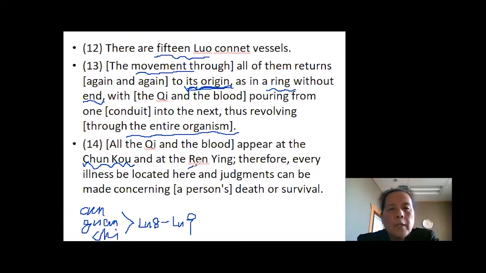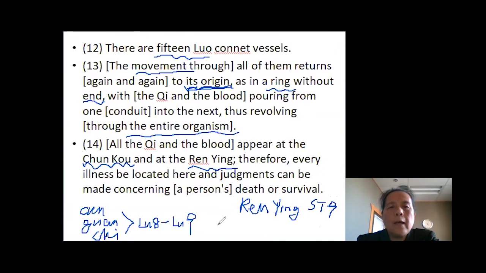And also 人迎. The same name is also stomach 9. If we go to stomach 9, we can also feel the pulse.